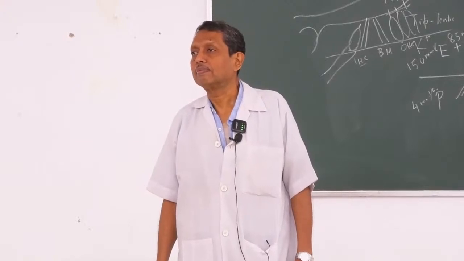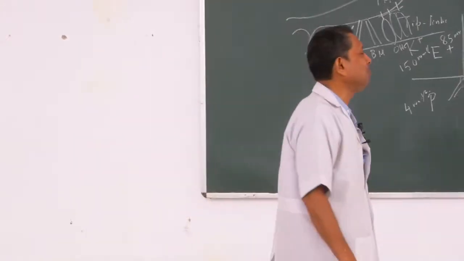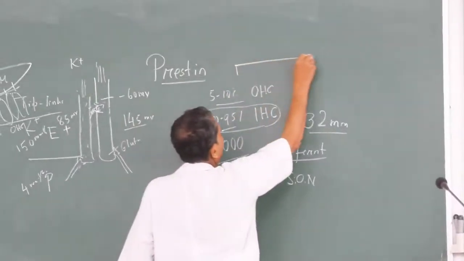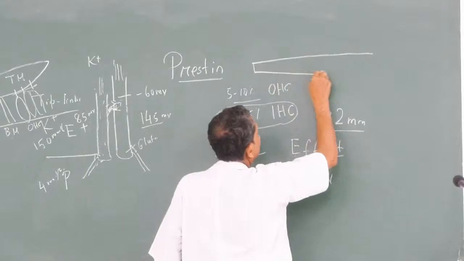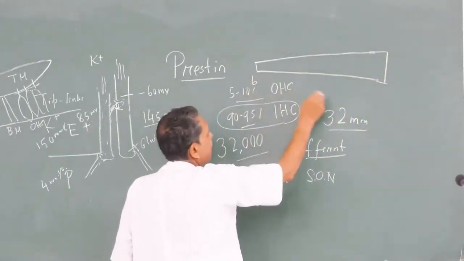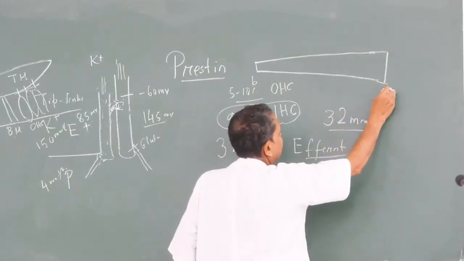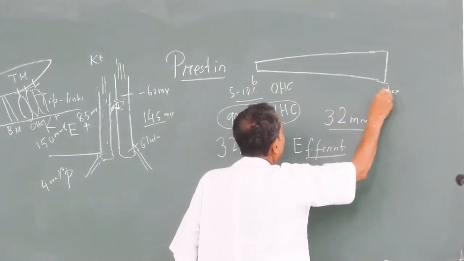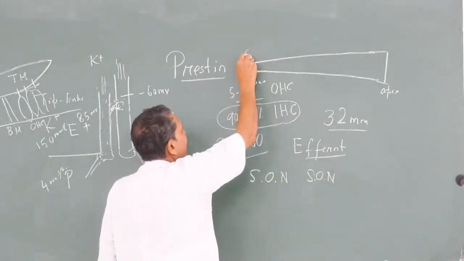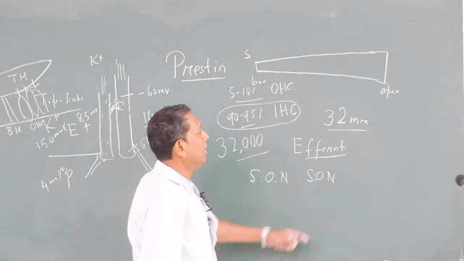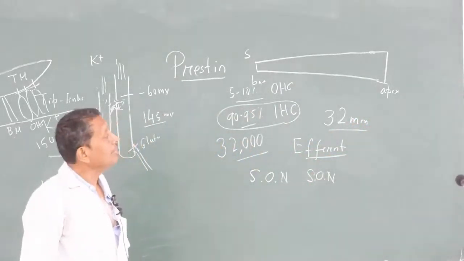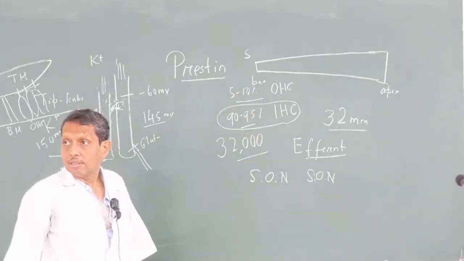In a reliable text, you will have a figure. This is the base and this is the apex of the cochlea. It is the stapedial end, and at the apex it is near the helicotrema. And in this case, there is an increase.